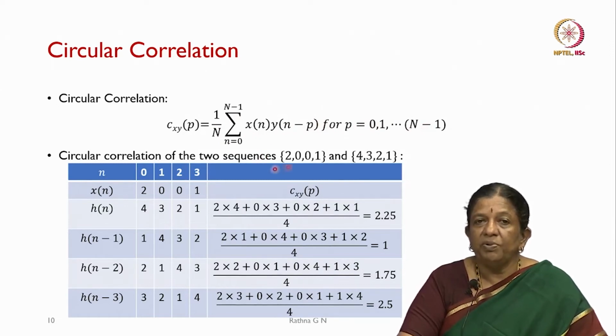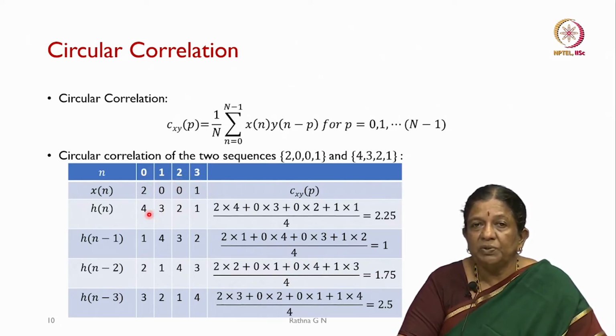When we compute the circular correlation between these two sequences, as we had done with linear correlation, we have x of n as 2 0 0 1 and h of n given as 4 3 2 1, and capital N in this case is 4. So, we will be going between 0 to 3, after that it is going to repeat.